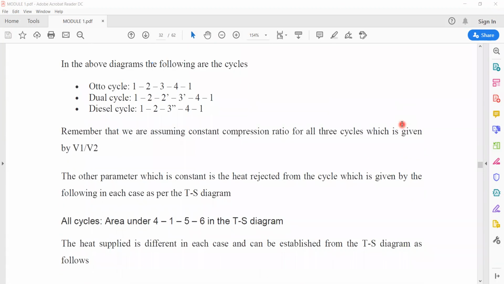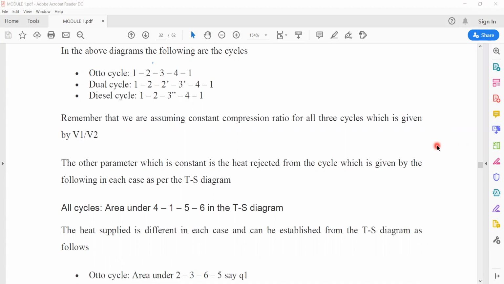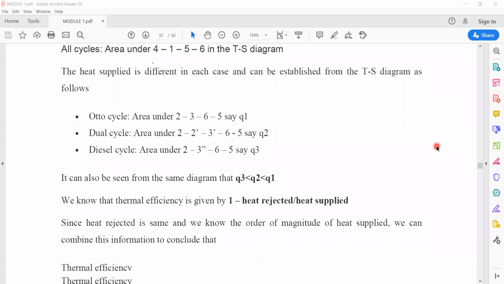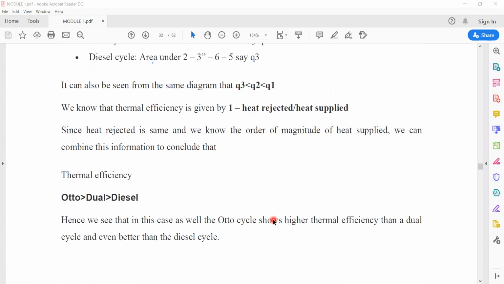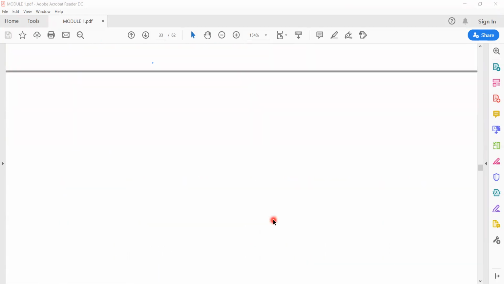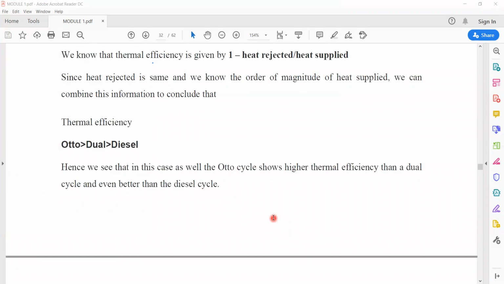Do it fast, so that will be helpful while doing the preparation. Do take the screenshot and remember this sequence. Thermal efficiency of Otto cycle is more than dual, is more than diesel. Okay. So this is the required explanation for the comparison between Otto, diesel and dual cycles.